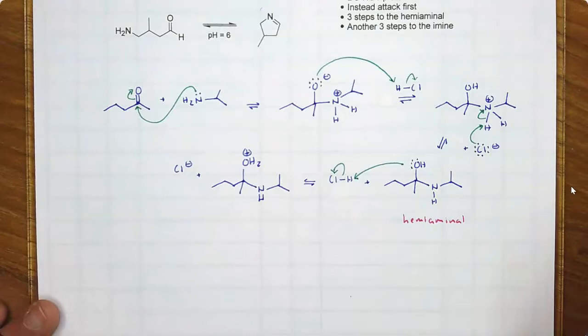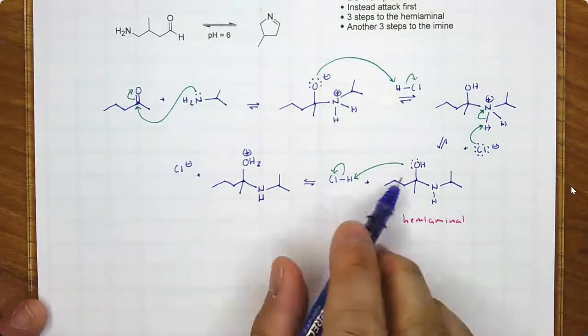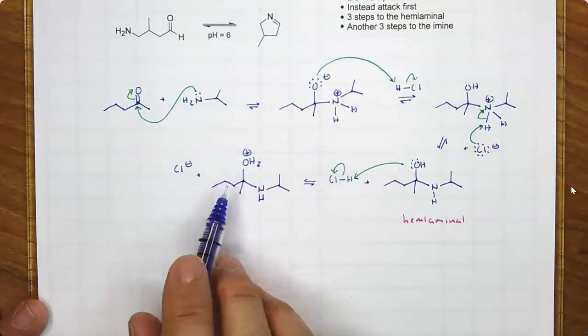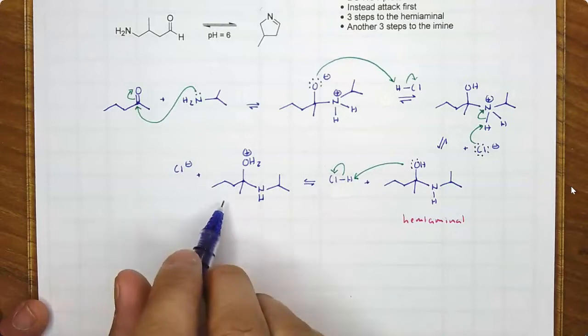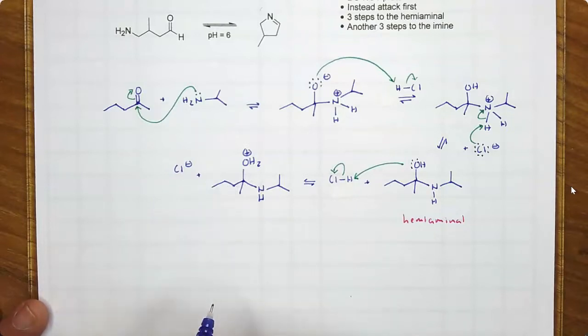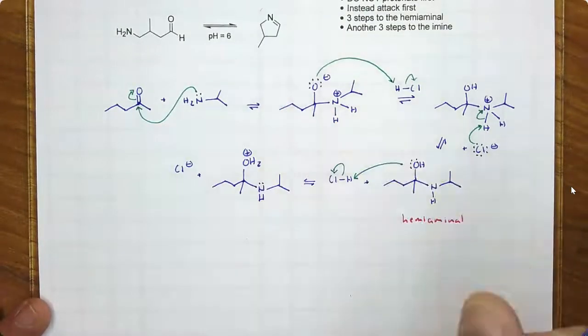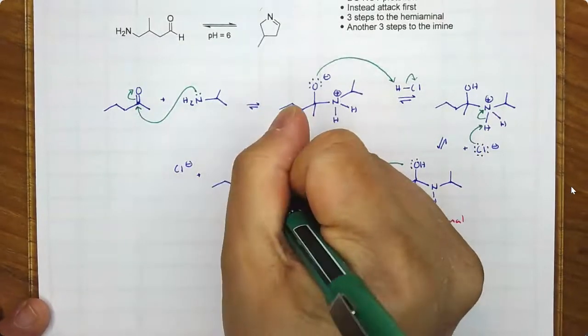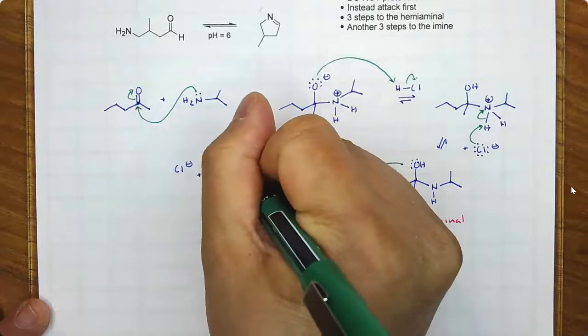Just like with the hemiacetal, when we protonate the OH, it's ready to leave, but we don't make it leave by having an attack of another atom. We make it leave by making a double bond, just like that.